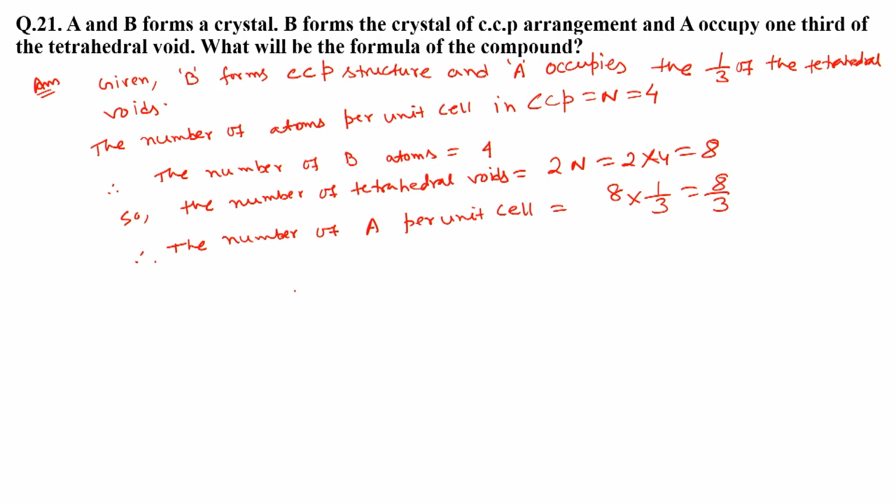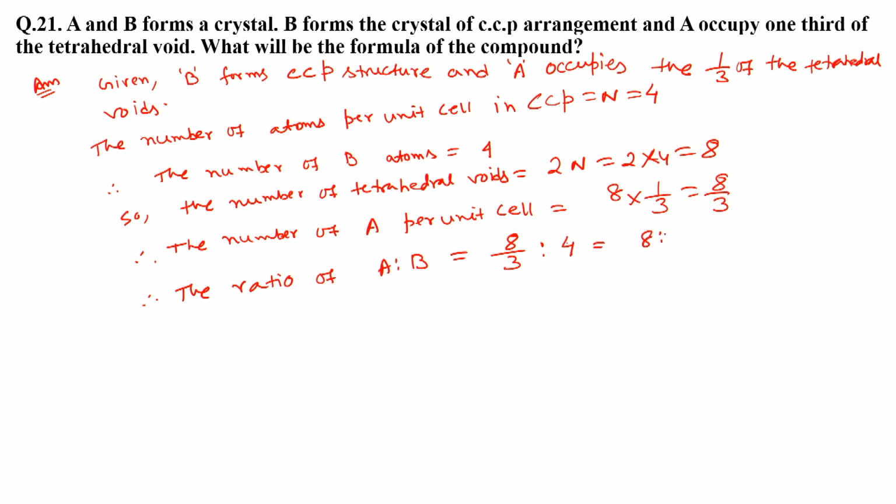Therefore, the ratio of A is to B is 8 by 3 is to 4.